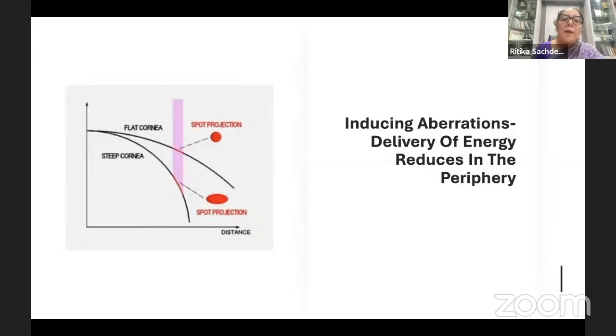So there is an aberration that gets induced due to difference in the delivery of the excimer laser in the periphery. These aberrations that are introduced by the excimer laser affect the final visual quality of refractive surgery, which is why many earlier cases of LASIK said that we had so much glare, so many halos, etc.